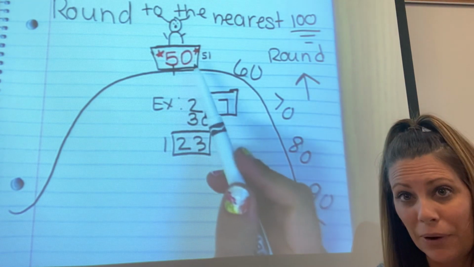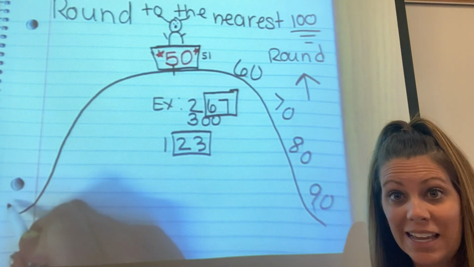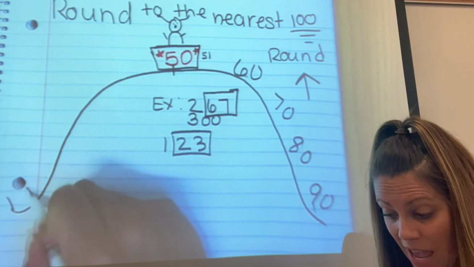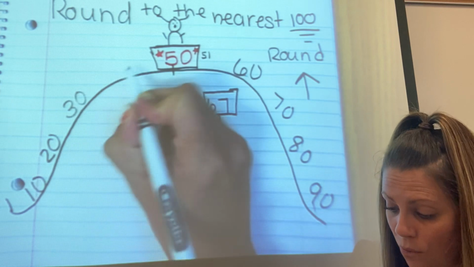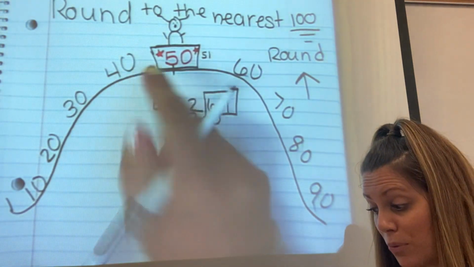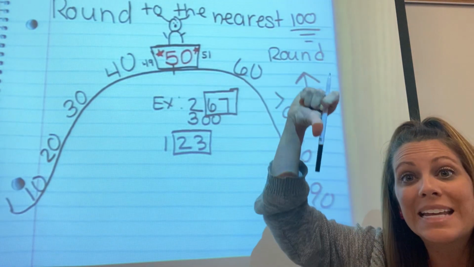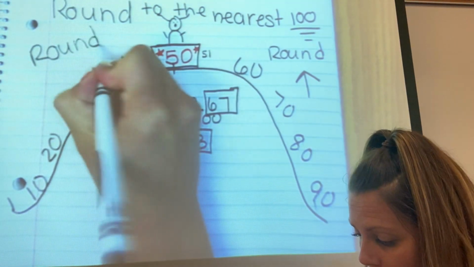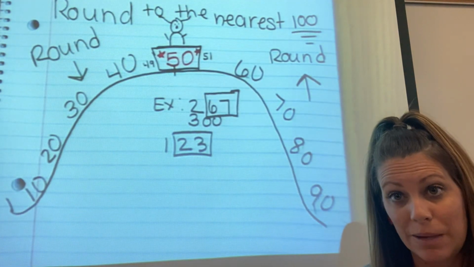So any 3-digit number that has 1 all the way, and then I'm going to count by 10, like 10, 20, 30, or 40. So any number 1 through really 49, we're going to round down. We're going to make that 100 smaller. We're going to keep it a friendly number.